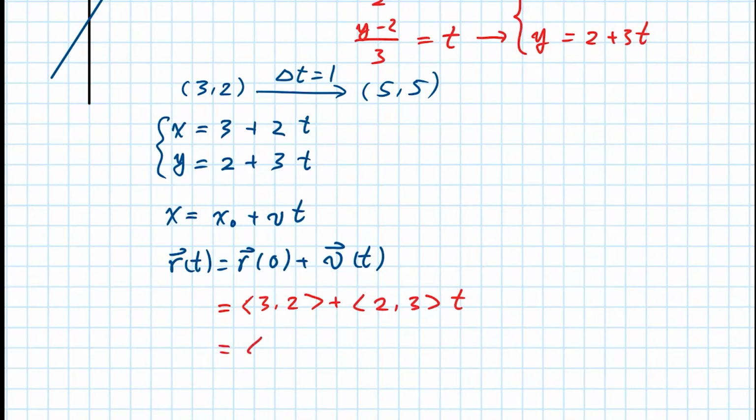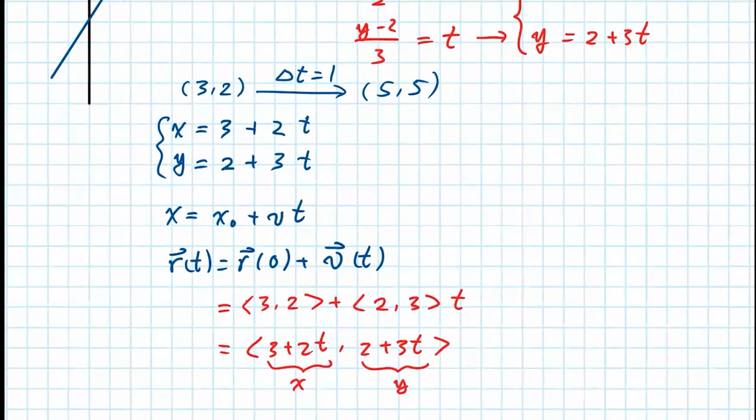And of course, this becomes 3 plus 2t, and then 2 plus 3t. Lo and behold, this is our x and this is our y. So we want to think like this, okay? Particle motion in time, in space-time. You get it? x and y is space and t is time.